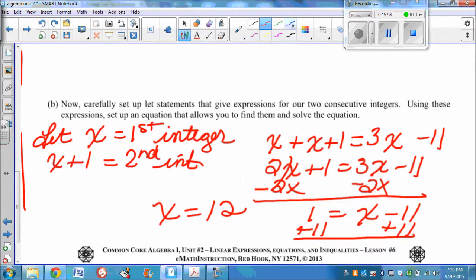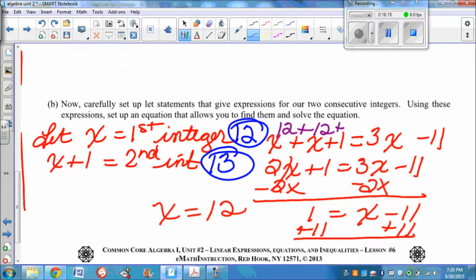So if my first integer, my x, is 12, what's 12 plus 1? 13. Let's do a check on this one. For lack of space, I'm going to put it right above our equation. So if I said 12 plus 12 plus 1, does it equal 3 times 12 minus 11?